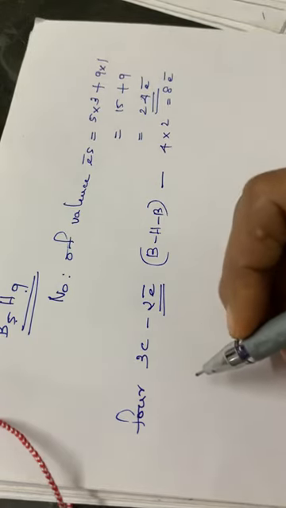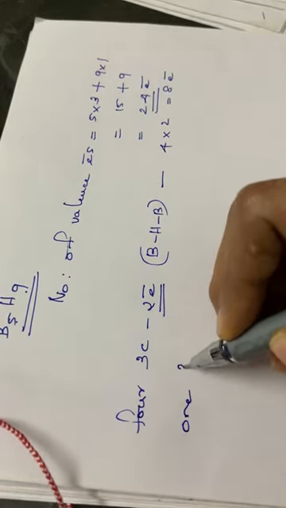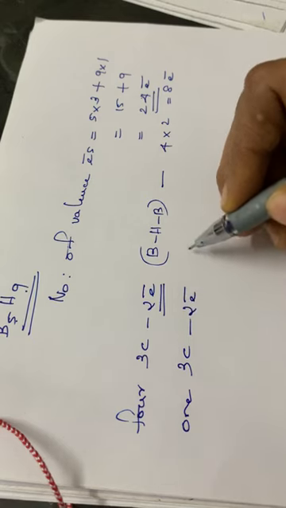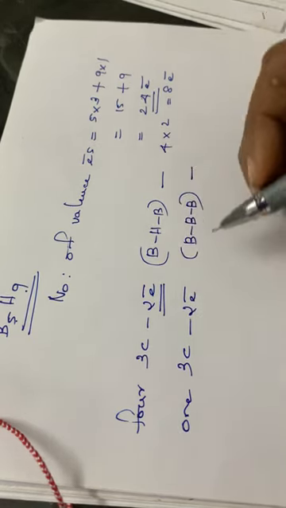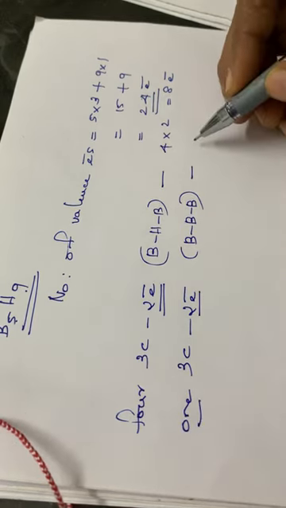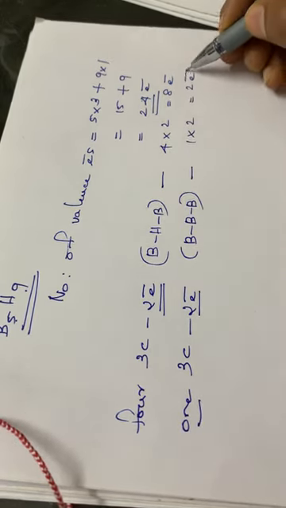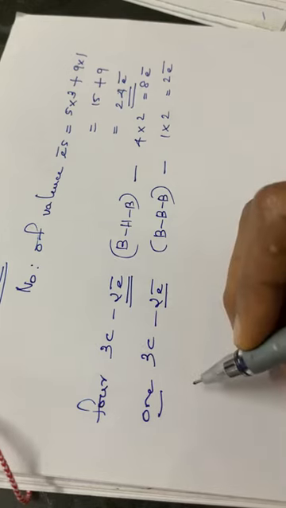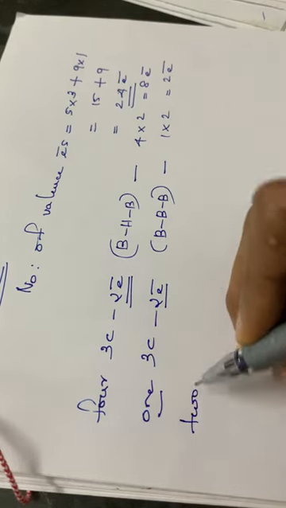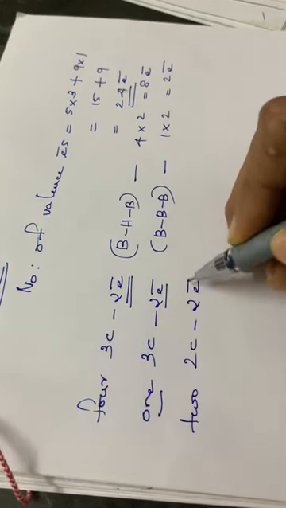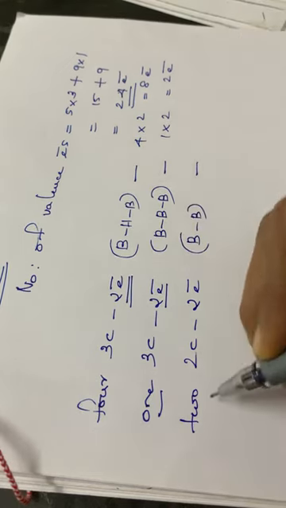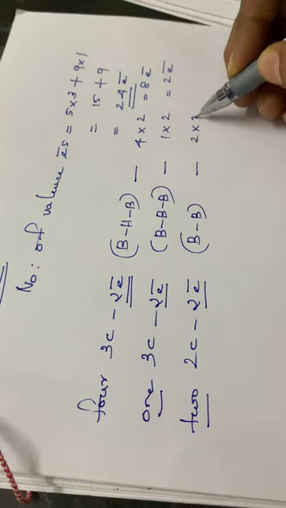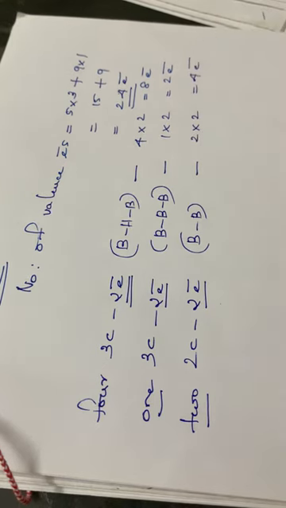Then 1 3 center 2 electron bond, that is BBB bond, that is equal to 1 into 2, that is equal to 2 electrons. Then 2 center 2 electron bonds, that is BB bond, that is equal to again 2 into 2, that is equal to 4 electrons.